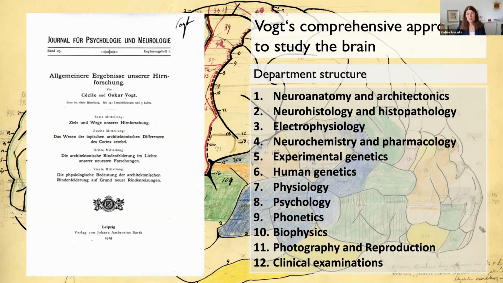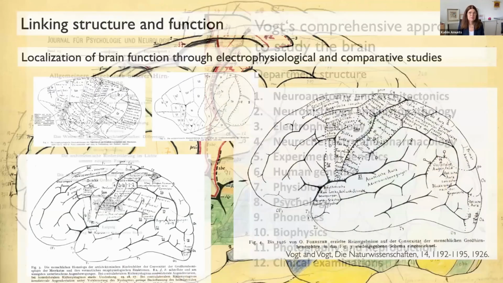And again, it shows the very broad scope of this institute and the broad scope of the concept of the Vogts that really addressed the whole human being, the patient, while going back to the molecular, genetic, physiological and anatomical properties that are contributing, of course, to a certain brain disease. So a very modern concept.